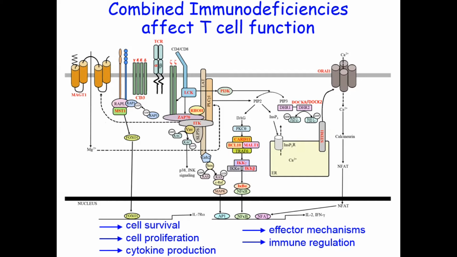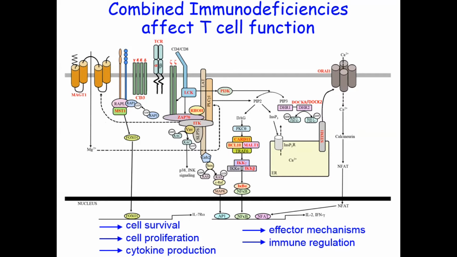You can make the T cells, but those T cells don't work properly. Many of them are defects that are downstream of the T cell receptor itself. Others are functional defects through other receptors that are involved in signaling. So the function of the T cells is perturbed. As a result of this failure of signaling, the T cells that are generated have problems in terms of cell survival.